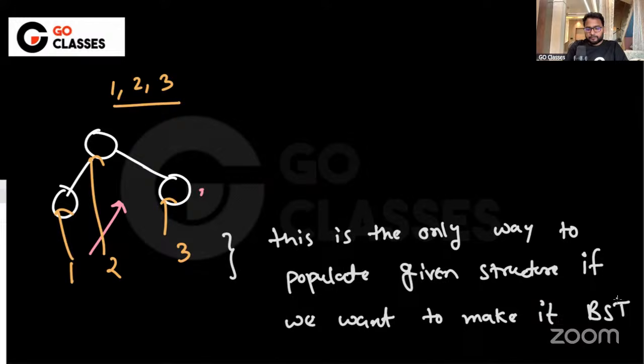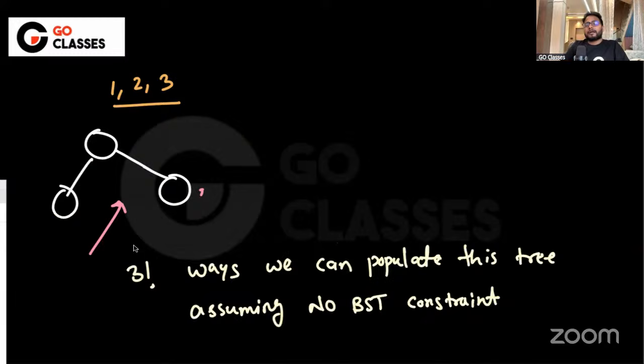Is this fine? Okay, right. So for any given structure, there is exactly one way in which you can populate the numbers to make it a binary search tree. But to make it a general tree, there are n factorial, or 3 factorial, ways.